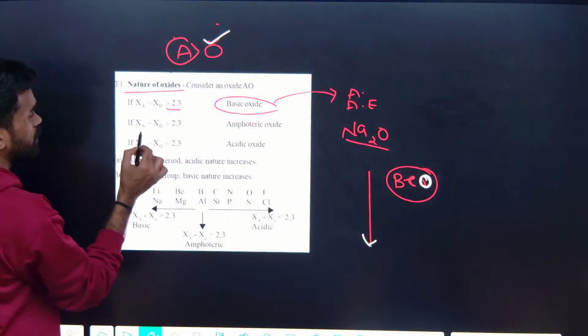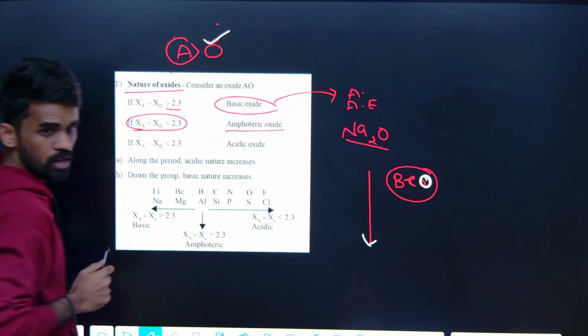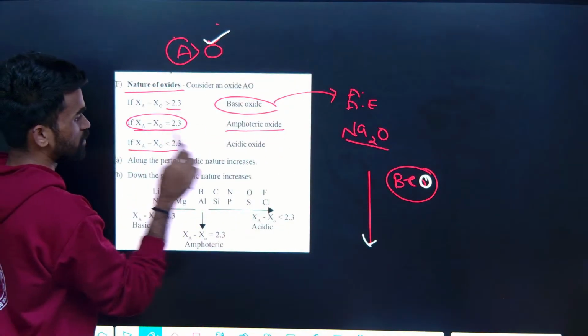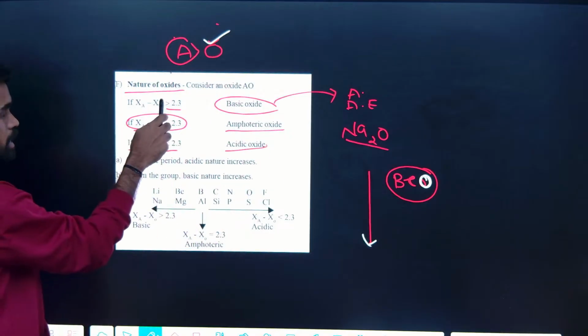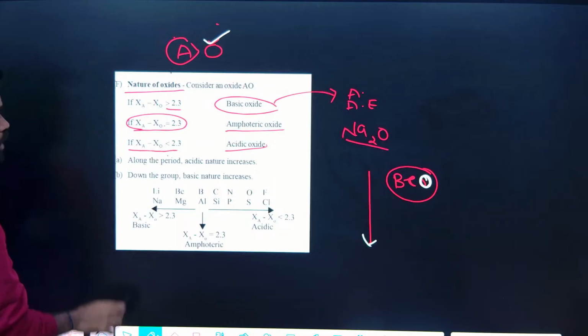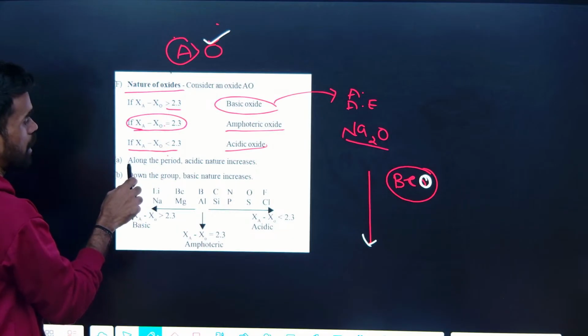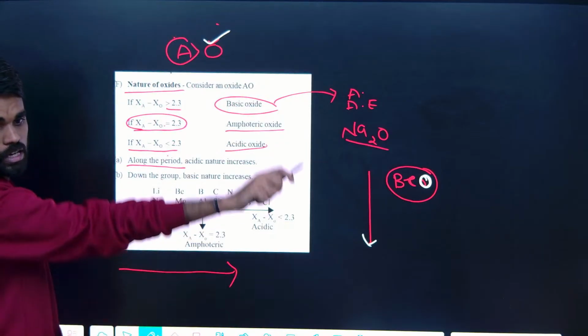Next, if the electronegativity difference is almost equal to 2.3, then we can say amphoteric. If the difference is less than 2.3, it is acidic; greater, basic; less, acidic; equal, amphoteric. Now along the period, what happens to electronegativity? It increases.